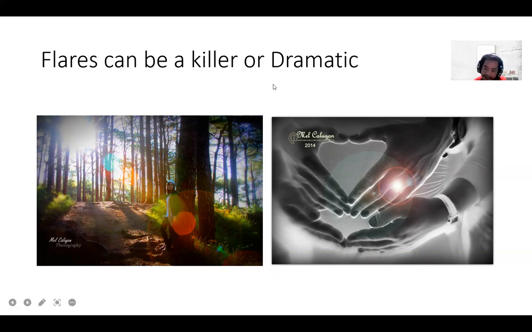And on the left here, this is actually a post-processing flare. This is an artificial flare. I was trying to show the couple. This is actually a co-teacher who was pregnant then. The flare represents the life that she carries inside.